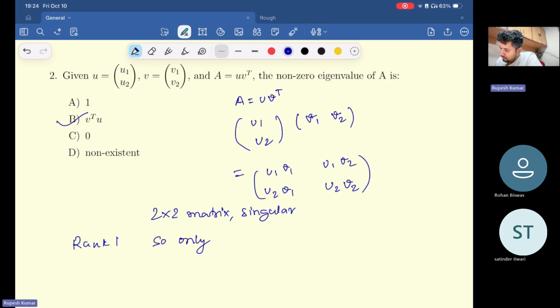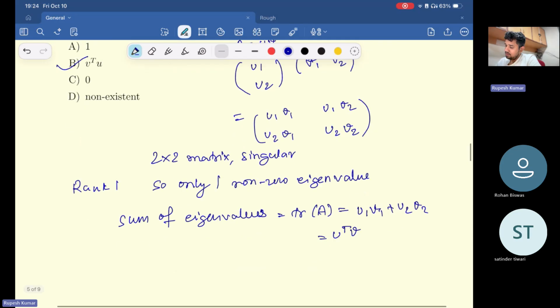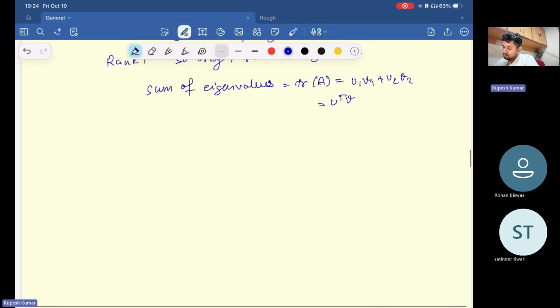So only one non-zero eigenvalue, and the sum of eigenvalues is equal to the trace of A, which is equal to u1 v1 plus u2 v2, which is equal to u transpose v, right? Okay, done.